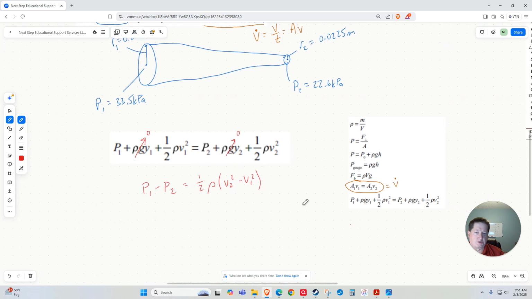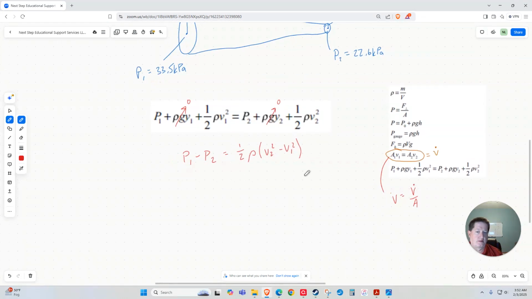So let's go ahead and work those in. Since volumetric flow rate is equal to the area times the velocity, I can express each velocity as the volumetric flow rate divided by its respective area, and just make both of those substitutions here. If I do that, I have 1/2 the density.